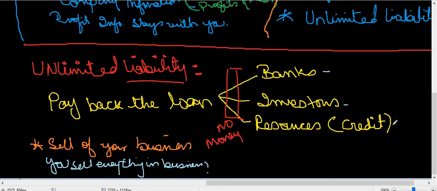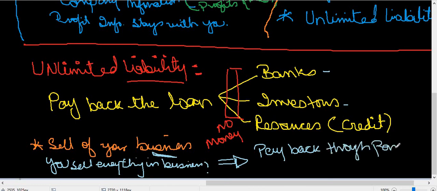Unlimited liability means that the owner of the business can be held responsible for the debts of the business they own. Their liability is not limited to the investment in the business. You will have to pay back through personal funds.